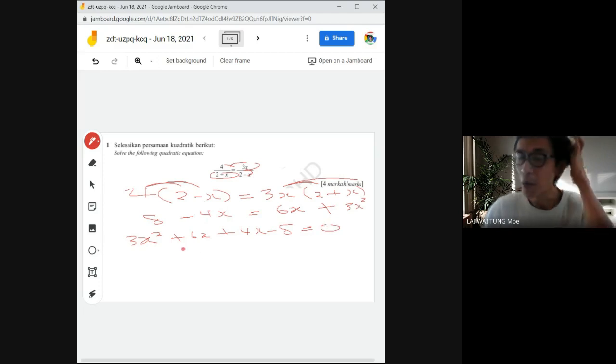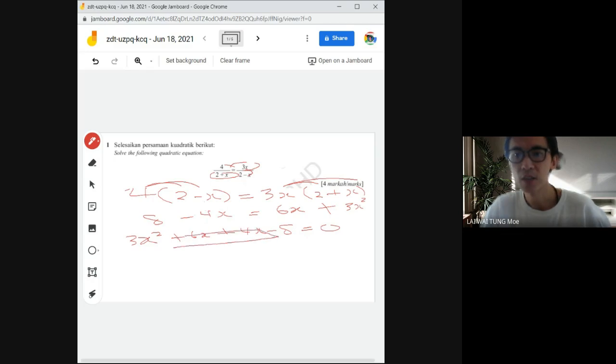So for any quadratic equation, you have to make sure here equals to 0, and everything moves to one side, either left or right. Okay, so after that, you can solve this x.